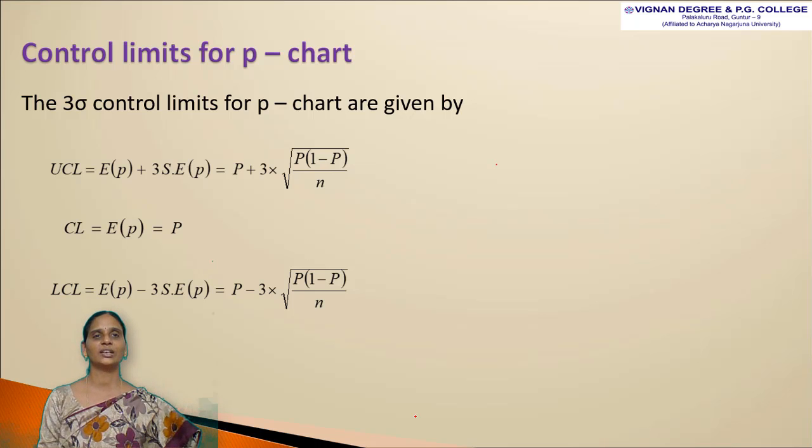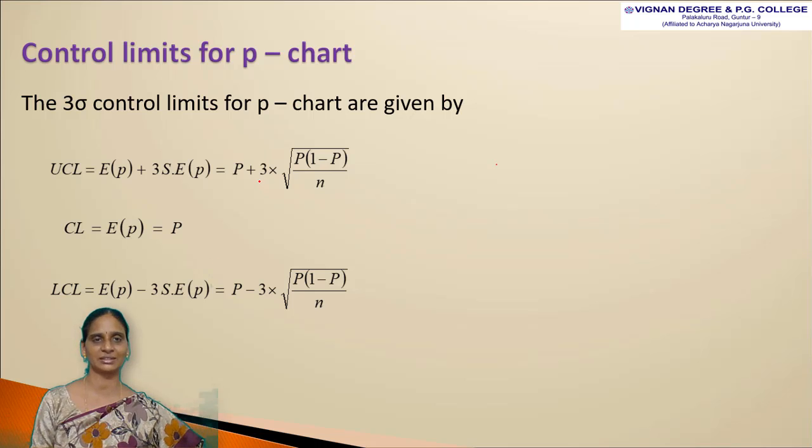Now set up the control limits for the P chart. The 3 sigma control limits for the P chart are given by UCL equal to expectation of p plus 3 into standard error of p. So UCL is capital P plus 3 into the square root of P into 1 minus P divided by n.